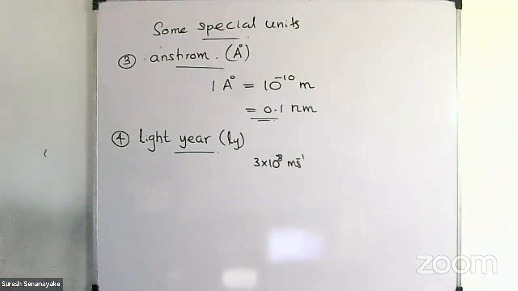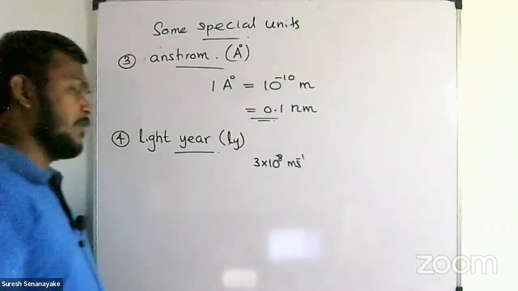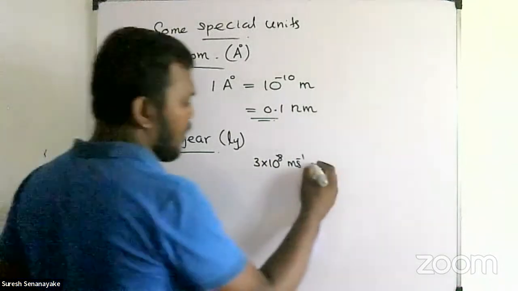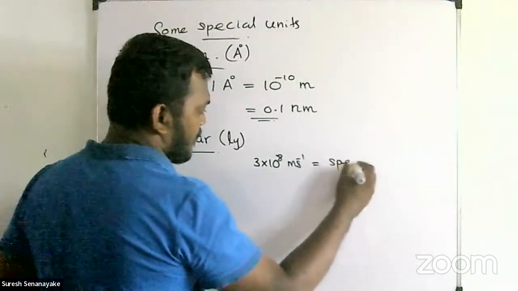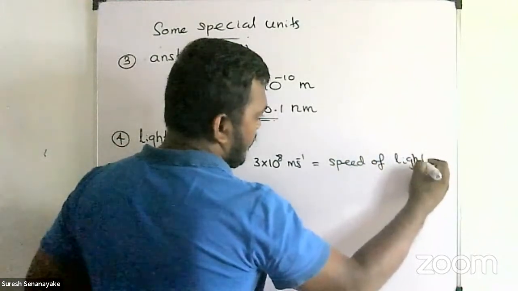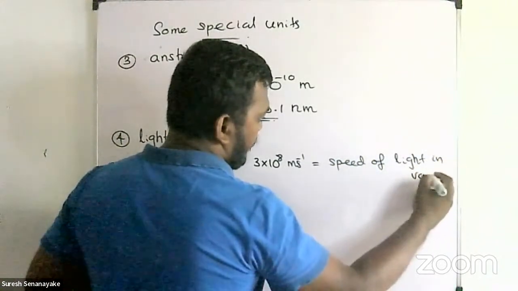So this much is its speed, the speed of light in vacuum. You can write in bracket, that is the speed of light in vacuum.